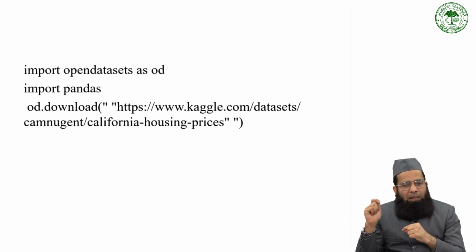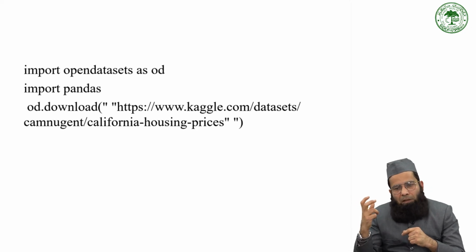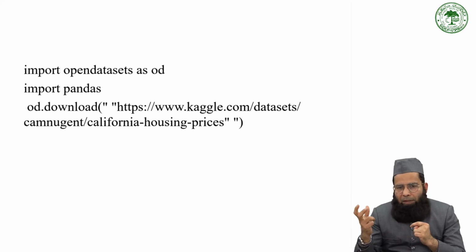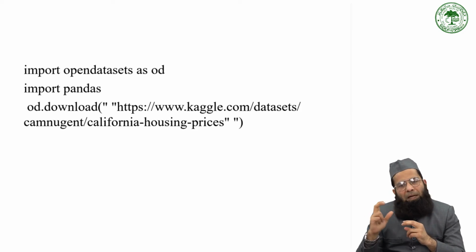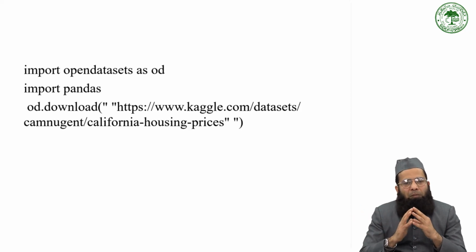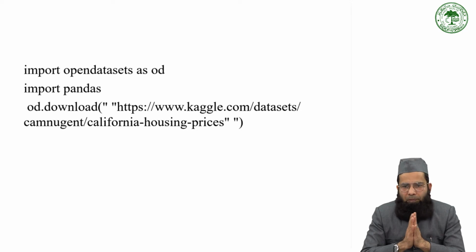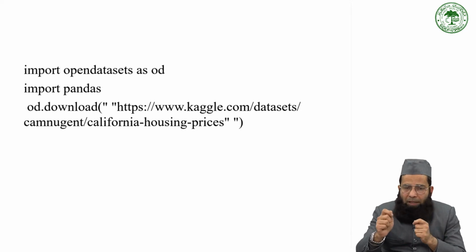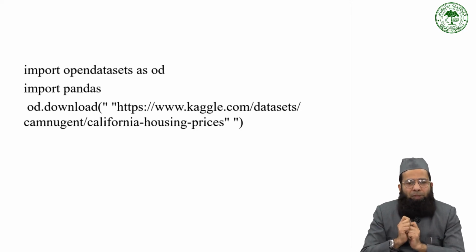Then visit Kaggle, find the API token, and in that token you will get the username and key, which need to be provided in Google Colab. Now we'll see how we can connect.